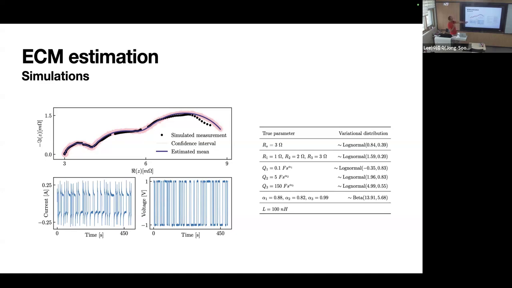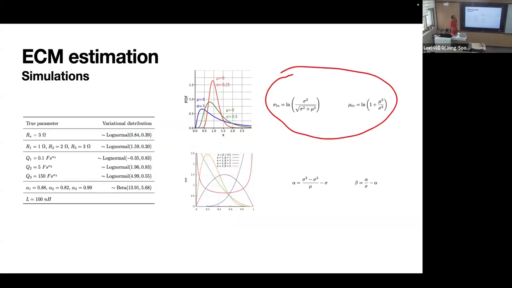The final thing what we have to decide are the alpha parameters in our equivalent circuit model. So alpha parameters are usually in the interval from 0 to 1. We can always say that it is a uniform distribution, but we can complicate it a little bit, because uniform distribution is just a special case of something that is called a beta distribution.